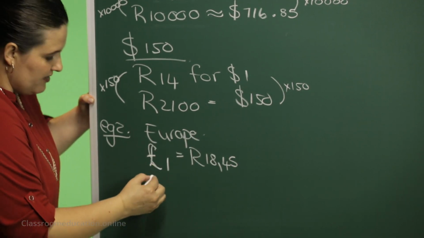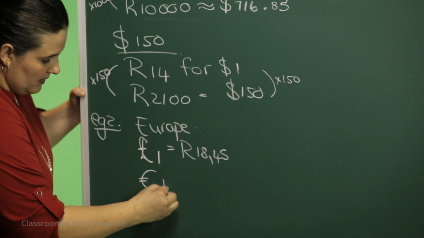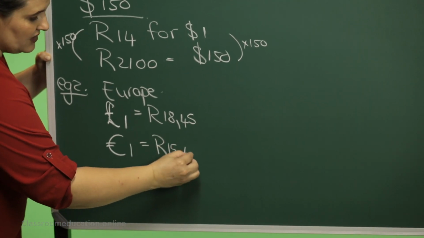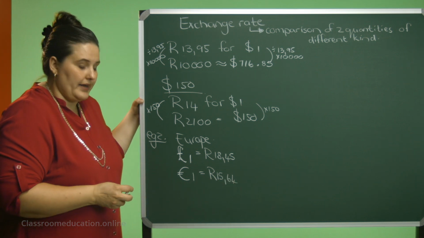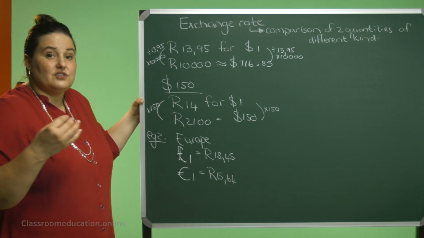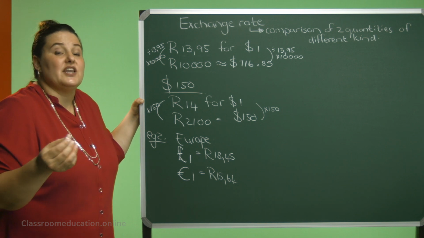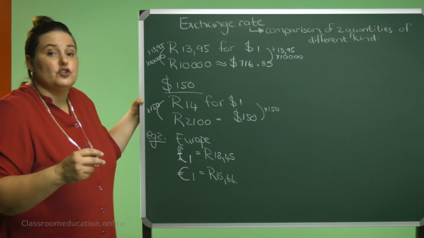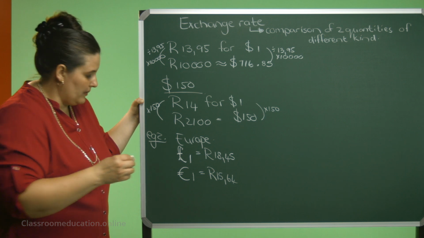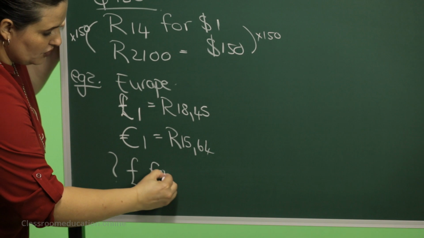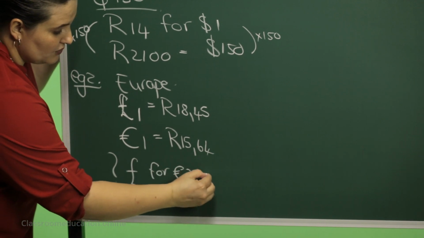And you know that €1 will be the same as 15 Rand 64. That's the exchange rate. Now's the question. How many pounds can you get for 200 euros?